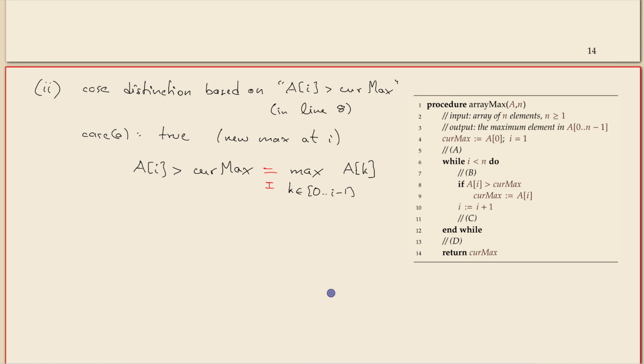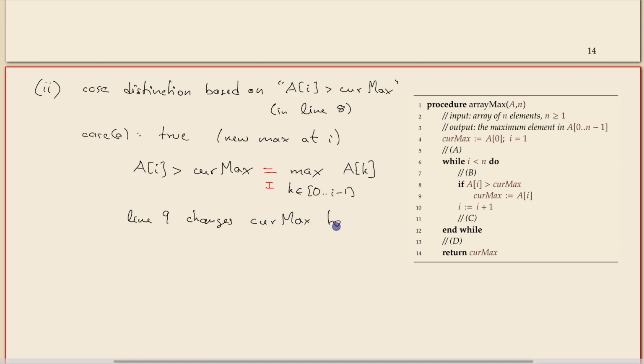All right, now we have to use that we know what the if statement will do. Because we're in the true case, we will execute this line 9 and update current max. So in this line, we change the value of current max. Namely, we set it to A[i]. Right?